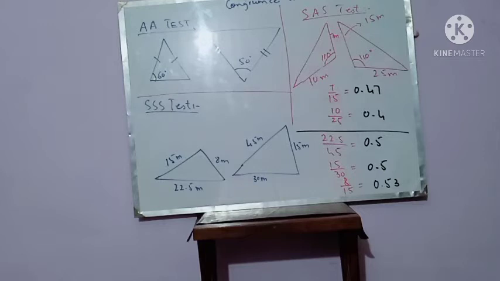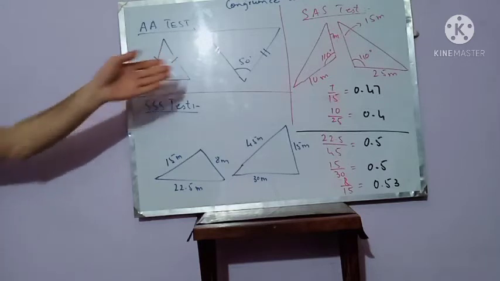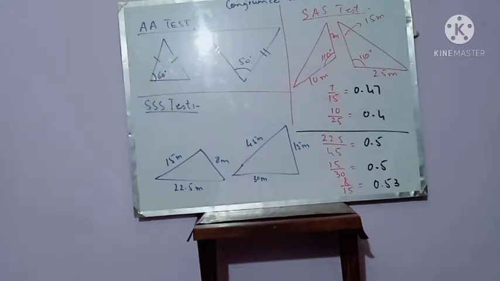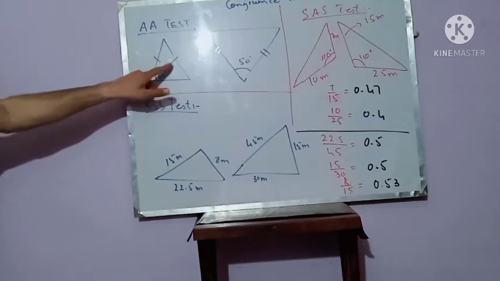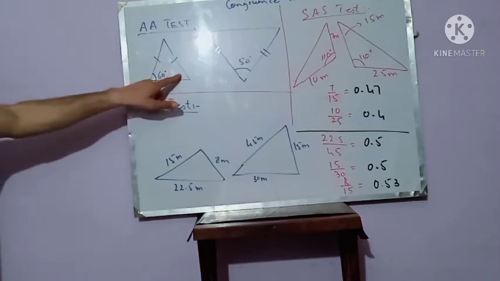In the first question, we have to prove whether this first pair of triangles is similar or not, right? You can see that these two are isosceles triangles, and we know that an isosceles triangle has two equal sides and two equal angles, right? So these two sides are the same, which means the base angles are also equal.